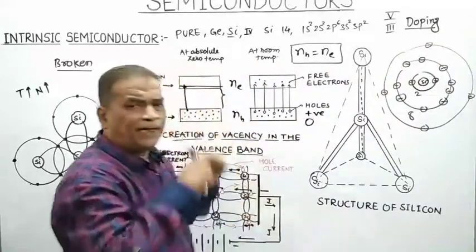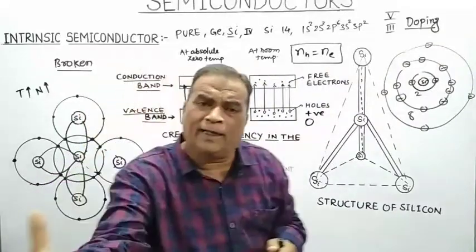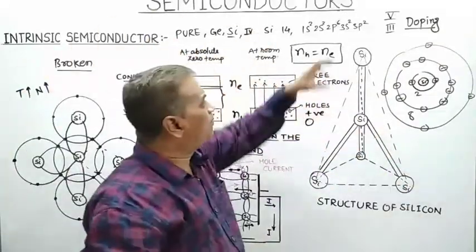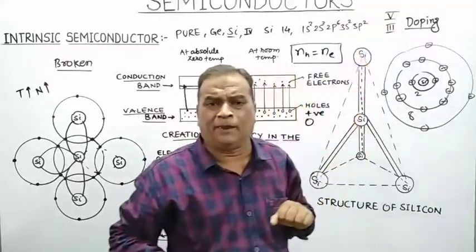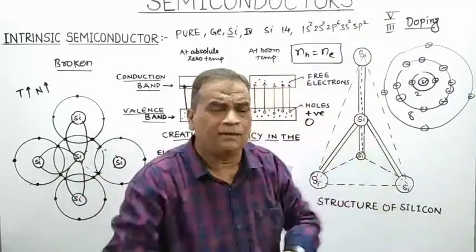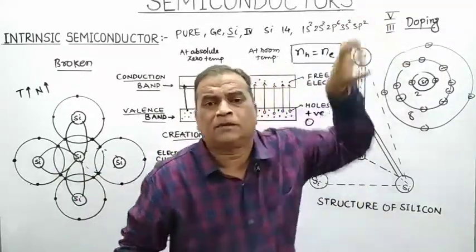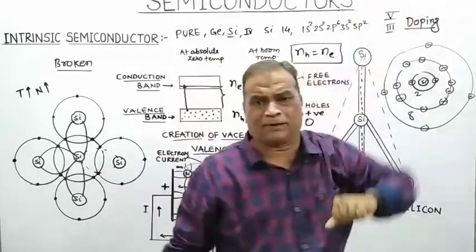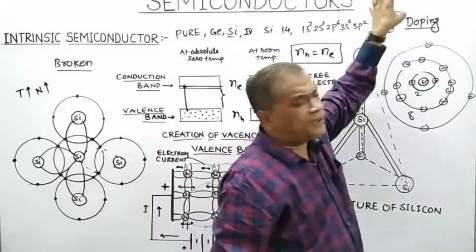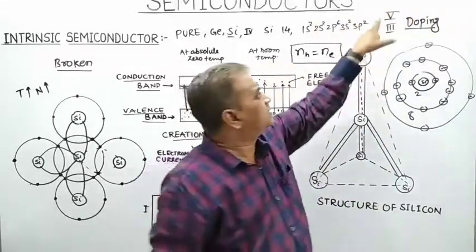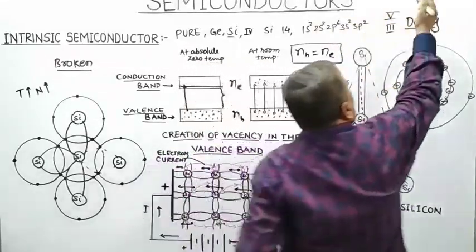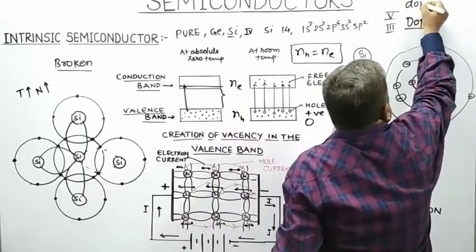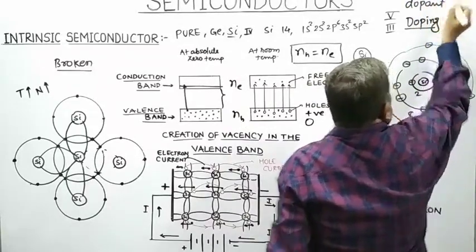Remember that depending upon whether you are adding impurity from the fifth group or from the third group of the periodic table, these impurity atoms are called dopant. What do you mean by dopant?